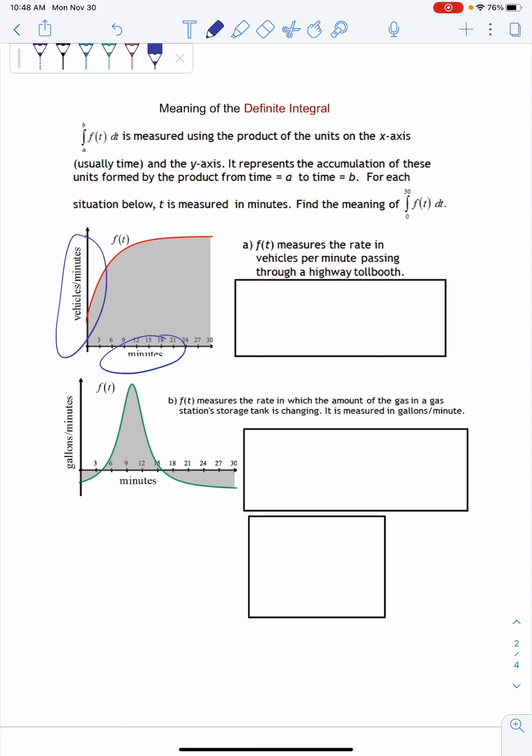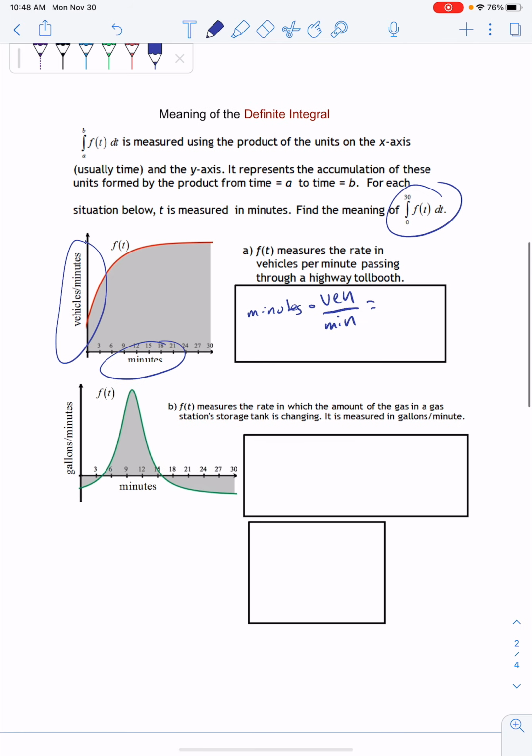So in this case, if I'm looking at what is the meaning of the integral from 0 to 30 of f of t dt, well, first of all, it's an area, and my x-axis is measured in minutes, and I'm going to multiply that by my y-axis, which is vehicles per minute.